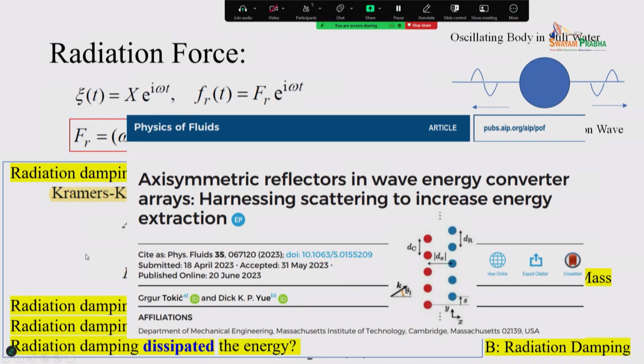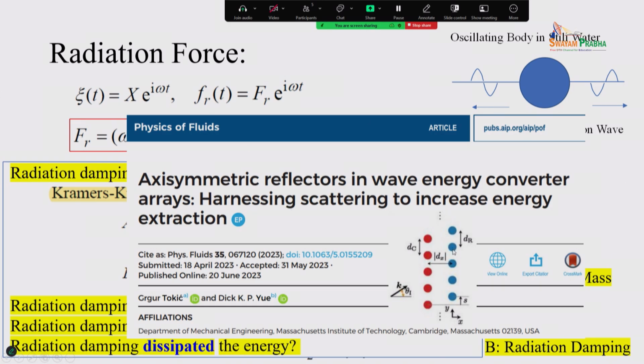Okay, so that is one paper published by Dick Yue. Professor Dick Yue is an expert in wave energy, and he is in the ocean engineering program, previously a department at MIT. He published the paper with his student.